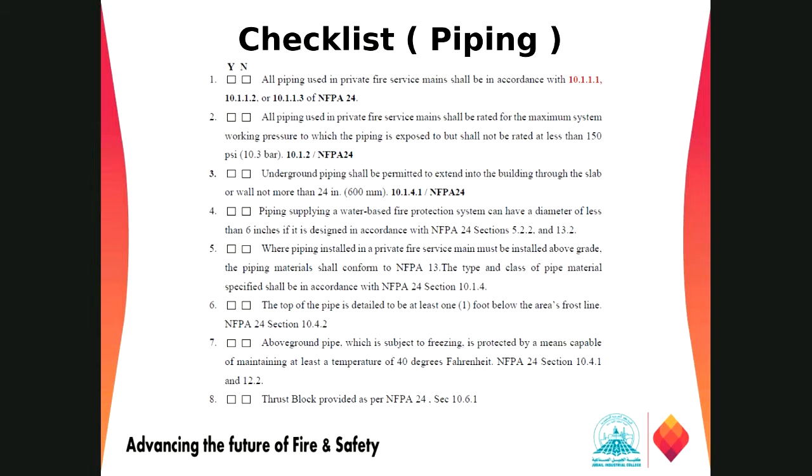Point number 4 talks about the underground fire water network diameter shall not be less than 6 inch if it is supplying to a fixed water-based fire protection system, as per the hydraulic calculations. Point number 5 talks about the types and grade of the materials and all those requirements.